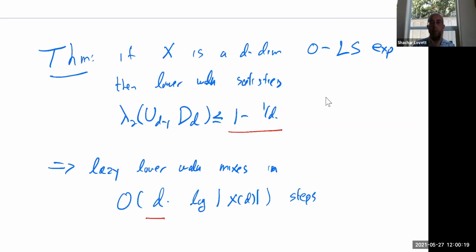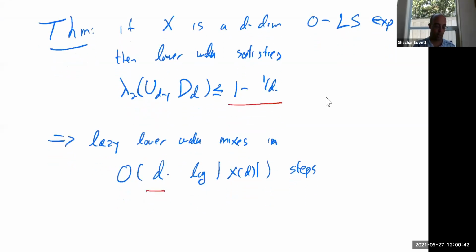But you see, the theorem has nothing to do with spanning trees. It says whenever you can show that your associated complex is a zero local spectral expander, automatically you get good bounds on mixing. So really, this theorem can apply as is if you switch from spanning trees to any other object that has these bounds.